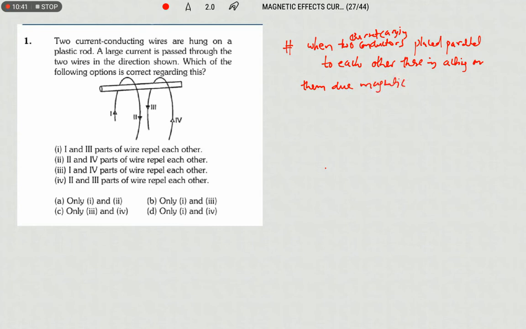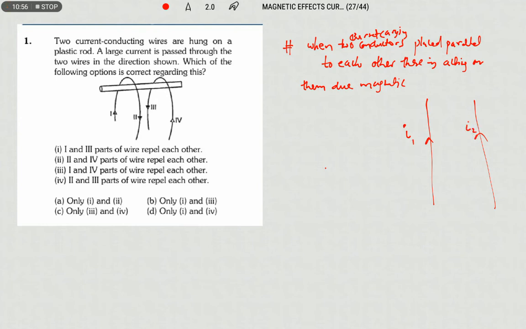Sir, how does the force act on the current carrying conductors when they are located parallel to each other? See, I am taking two conductors. In conductor 1, the strength of the current is I1, and in conductor 2 the strength of the current is I2.